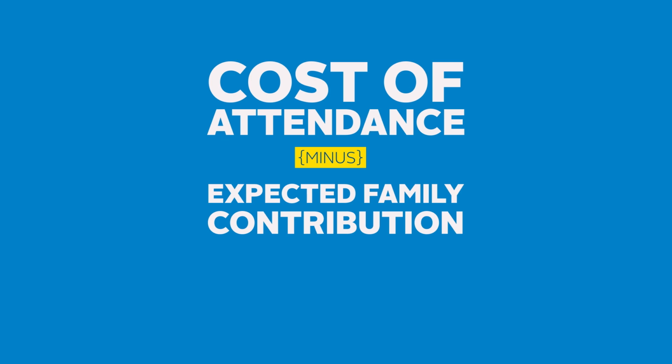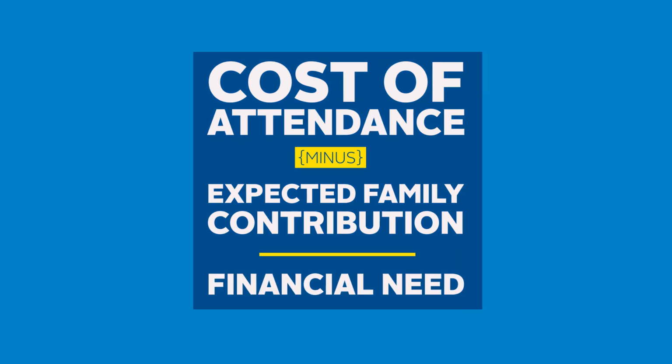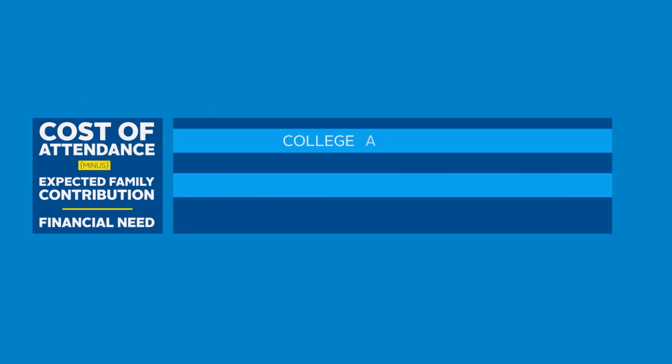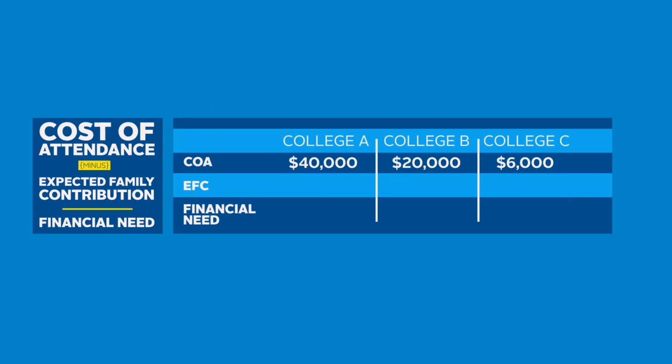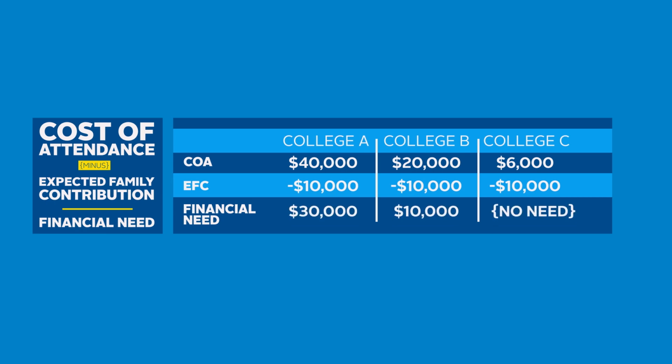The cost of attendance minus the expected family contribution equals the financial need for the student. Each school will have a different cost of attendance depending on their tuition, fees, etc. But the expected family contribution always remains the same. Financial aid is awarded to cover some or all of the resulting financial need.